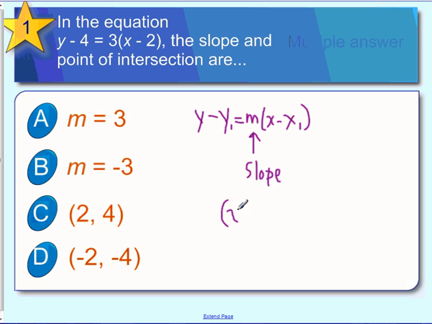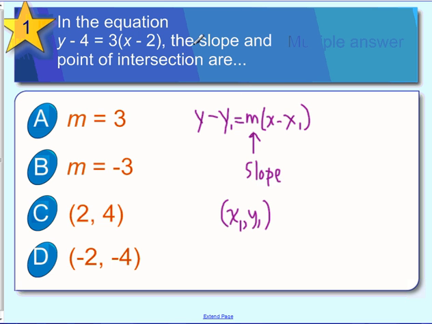The x1 and y1 is actually a coordinate pair that the line goes through. Okay? So, in this problem up here, we have y minus 4 equals 3 times quantity x minus 2.